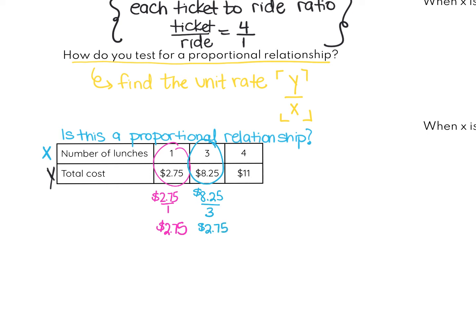Make sure you don't stop if you get two the same. Sometimes they like to trick you and do the very last one that's different. So let's check this. $11 for 4 lunches. And again, we get 275. So yes, this is proportional, and the reason is because the unit rates are equivalent.